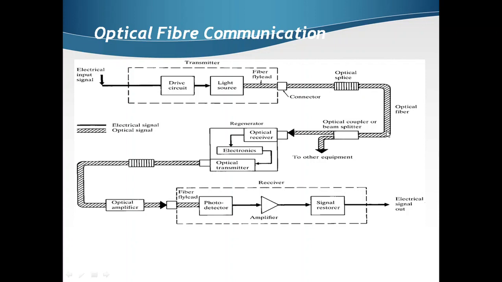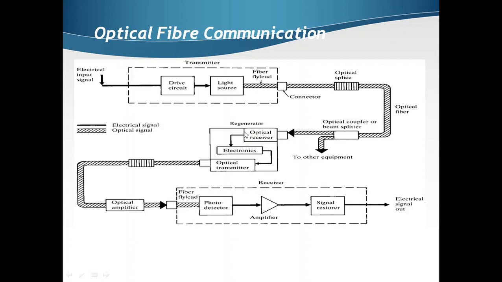Now, if we have to split the signal, or send it to more than one receiver, then we can use the optical coupler or a beam splitter. Here we can see, after using the splitter, we have split the electromagnetic wave into two different waves. One is supplied to other equipment, and one is sent further to the regenerator.